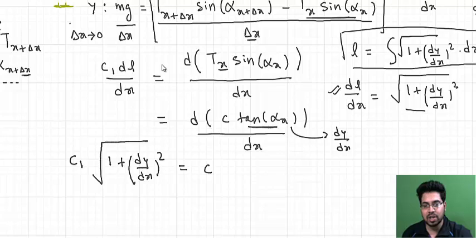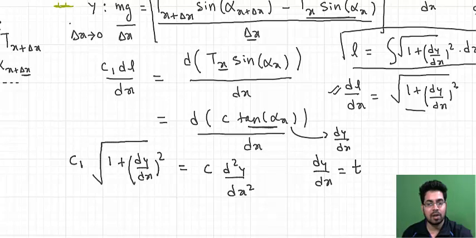So differentiation of dy by dx would be d2y by dx square. Now I will put dy by dx equal to t.